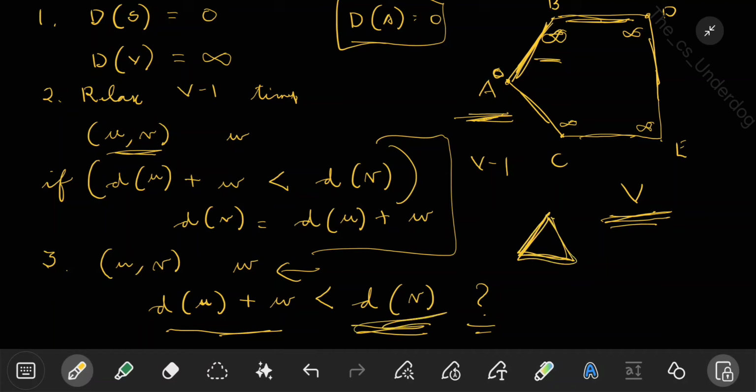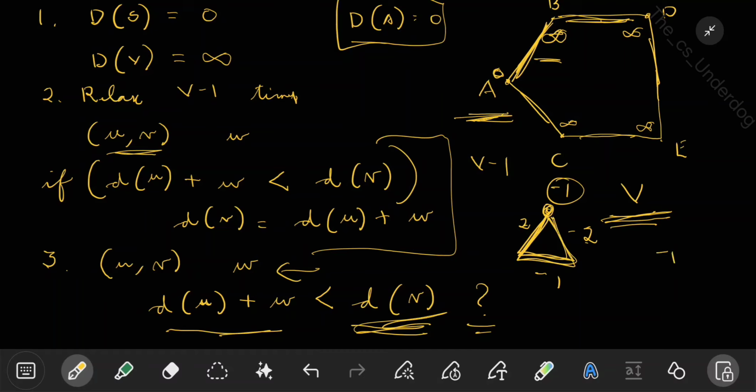And what is the problem with a negative weight cycle? Let us say this cycle is having edges 2, minus 1 and minus 2. This is a negative weight cycle. If you start from here, you traverse like this, what happens? Total weight is 2 minus 1 minus 2, which is minus 1. If you traverse through this negative weight cycle once, you have minus 1.